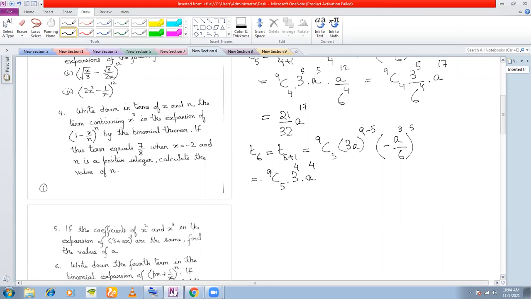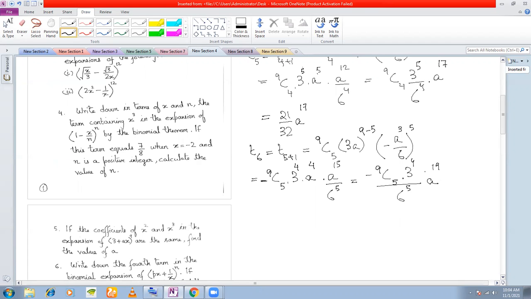And because minus is raised to an odd power, you can take the negative sign out to get into a to the power of 15 divided by 6 to the power of 5. So what you get here is minus 9C5 into 3 to the power of 4 divided by 6 to the power of 5, a to the power of 15 plus 4 is 19.